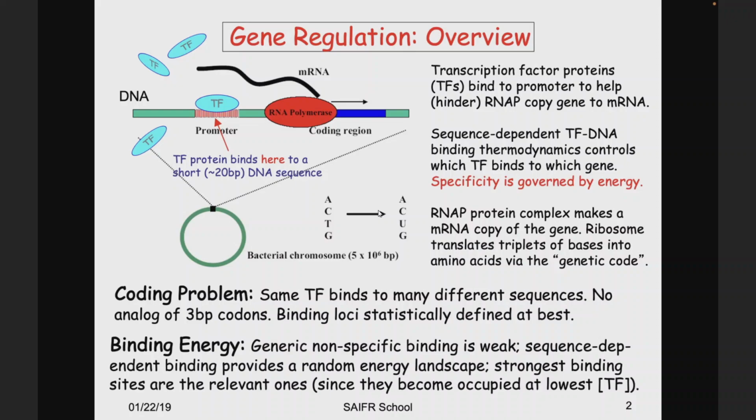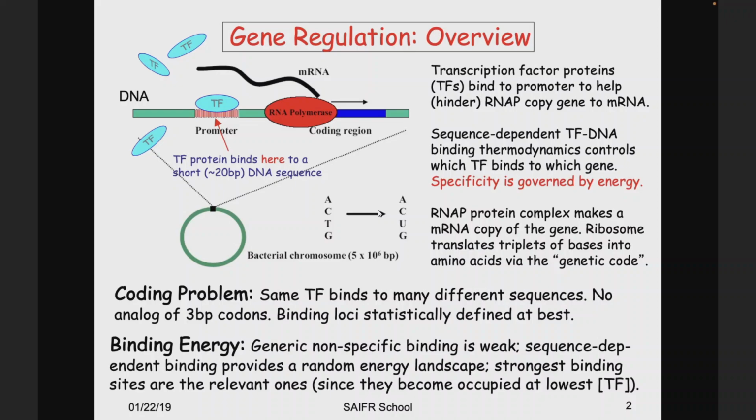And the genes that are to be transcribed have upstream of them, very close, in bacteria, upstream and very close to the start of the gene itself, a sequence that is indeed designed to be bound by a transcription factor.